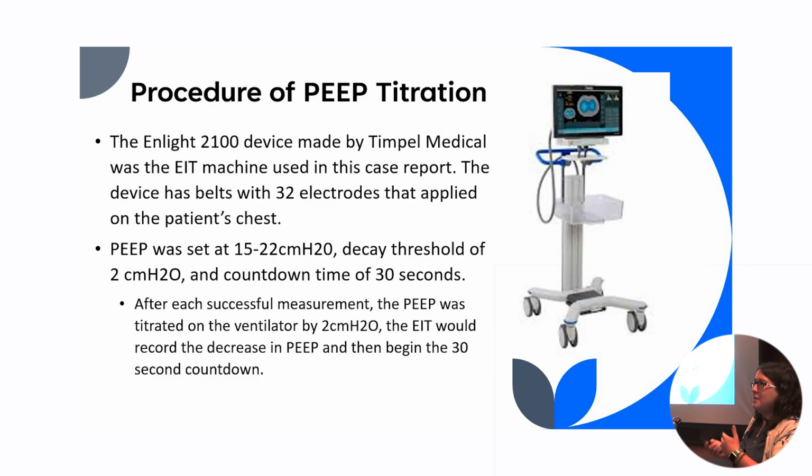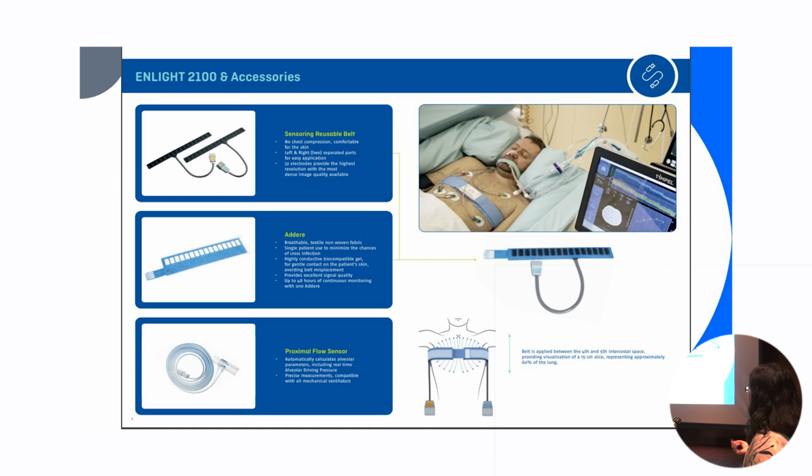But it's very much like what you'll be used to from your classic recruitment maneuver or doing your open lung tool, where you're setting your high PEEP, and then after about 30 seconds, you're going to have that PEEP decay of about 2 centimeters of water pressure for each step and getting your readings when you're doing the PEEP titration.